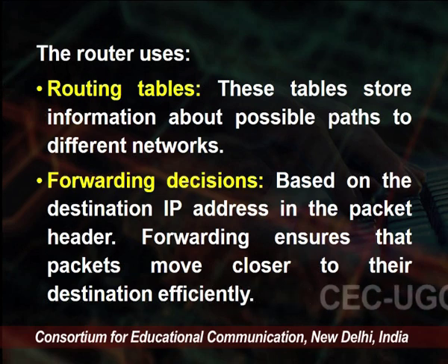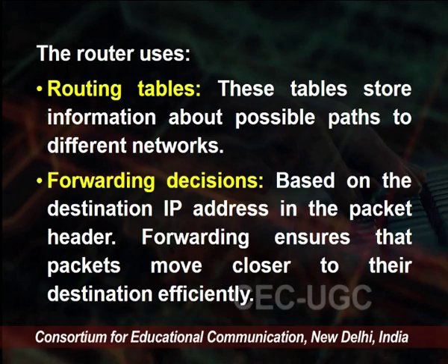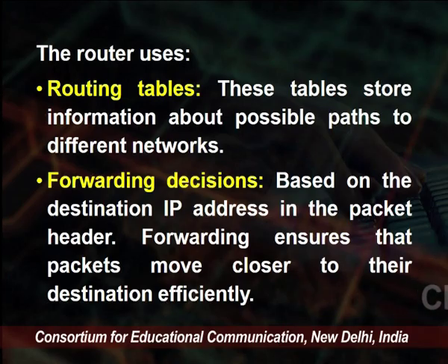Apart from that, there has to be a forwarding decision. That means, based on the destination IP address in the packet header, forwarding ensures that the packet moves closer to its destination, and that too efficiently. Efficiently here means, we can say, without getting corrupted, or without having an error generated within it.